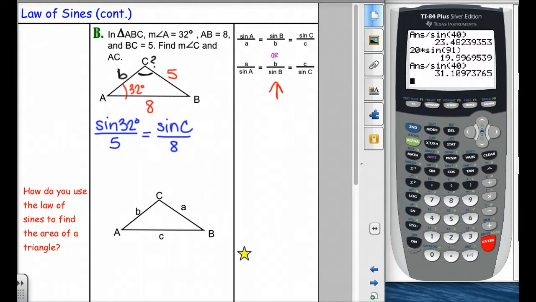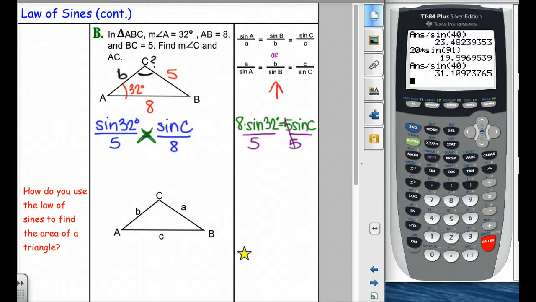So if I go ahead and cross multiply, that tells me that I have 8 times the sine of 32 degrees is equal to 5 times the sine of C. Well, I can't quite get C alone in one step, but I can divide both sides by 5 to cancel out these 5s.